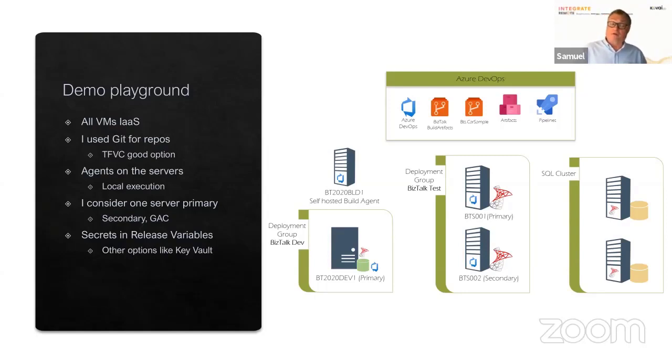But if you're using some other vault, you could probably adapt your setup to use that. For packaging, I have chosen to use the BizTalk application project that came together with the task for Azure DevOps that the product group released.